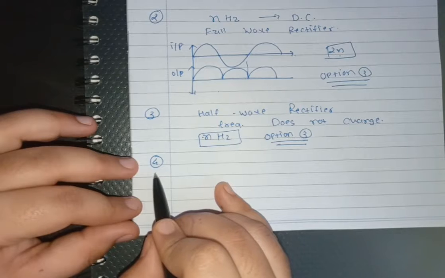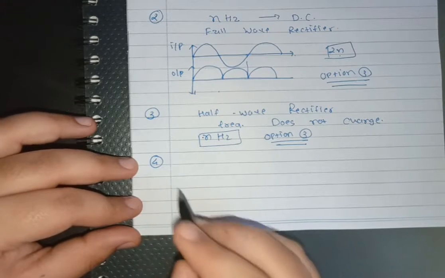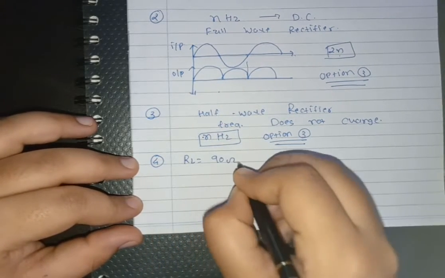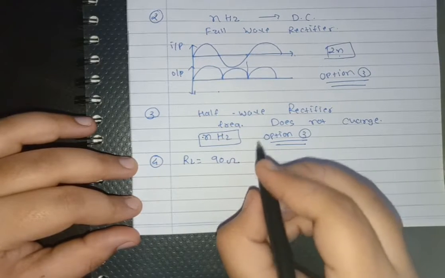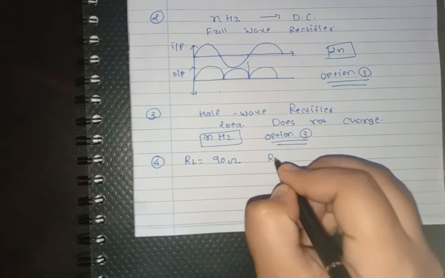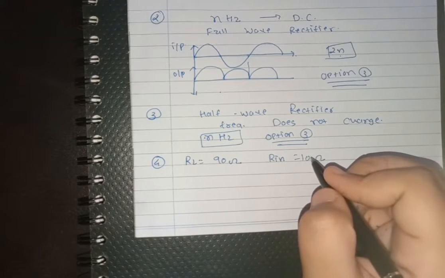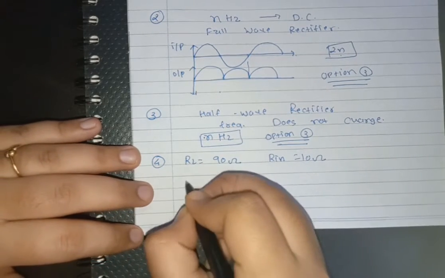In question number 4, in a half wave rectifier, output is taken across 90 ohm. So load resistance is 90 ohm. The resistance of diode in forward bias is 10 ohm. So input resistance is 10 ohm. We want to find the efficiency of the rectification.